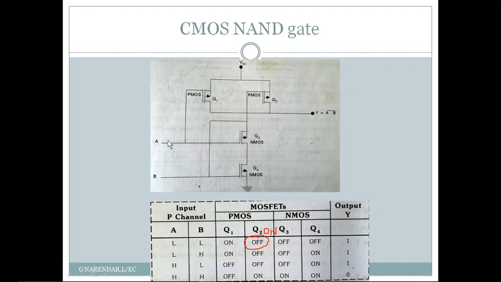So when both A and B are high, both Q3 and Q4 are in on state, and the on resistance of these two resistors will pull the output to low.